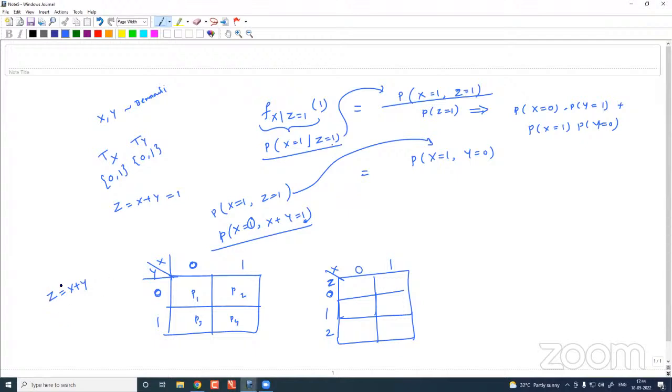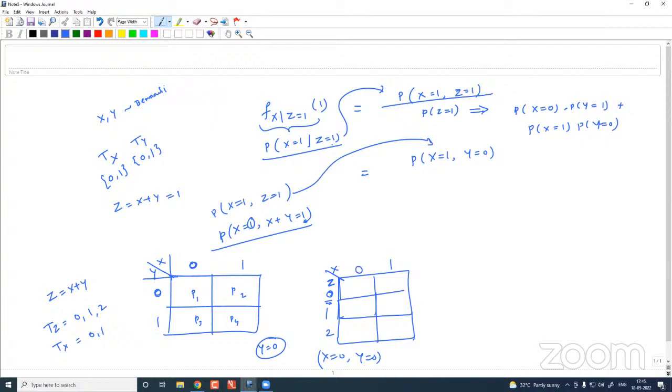So what is the range of z here? It's 0, 1, and 2. And the range for x is 0 and 1. So when x is 0 and z is equal to 0, when will this happen? When y equals to 0, right? So z equals to 0 is nothing but the joint density when x equals to 0 and y equals to 0. Correct? The same probability will be there, right? You are understanding this point?